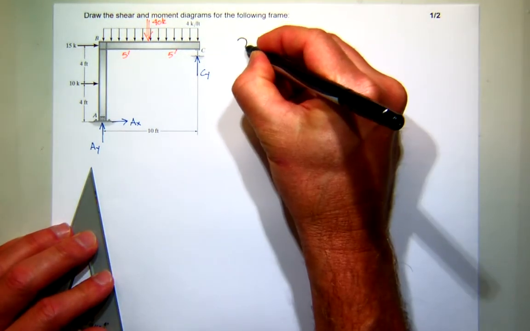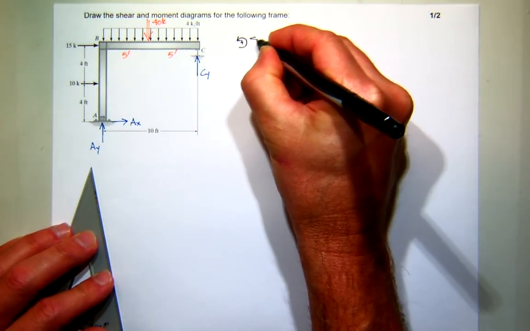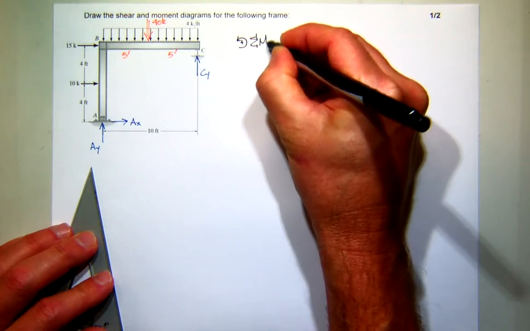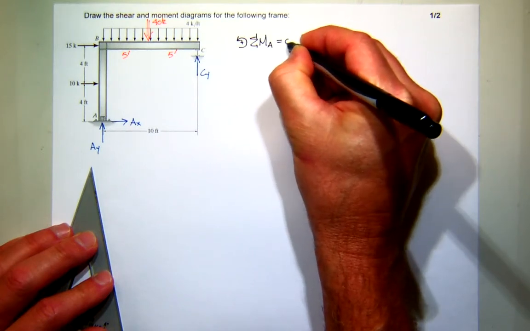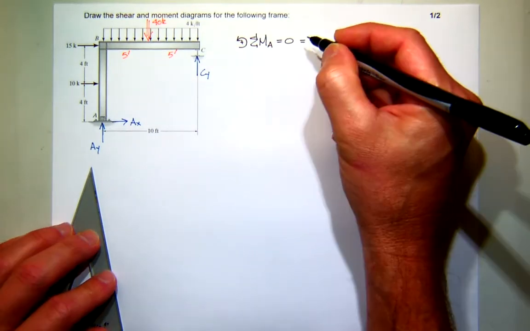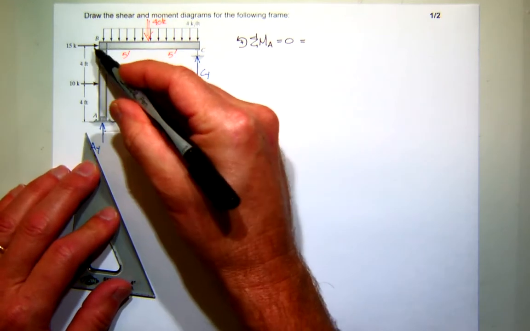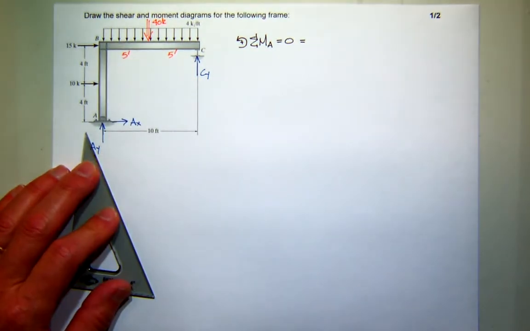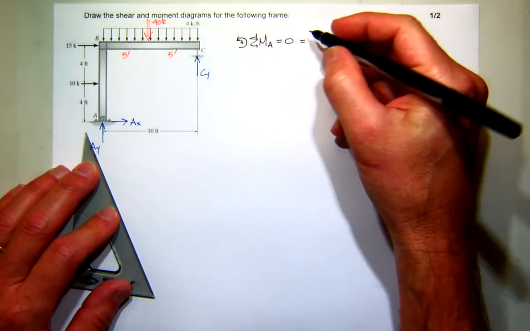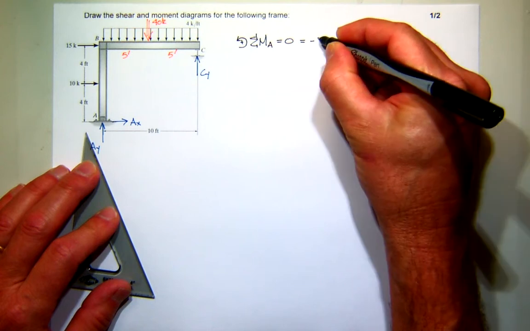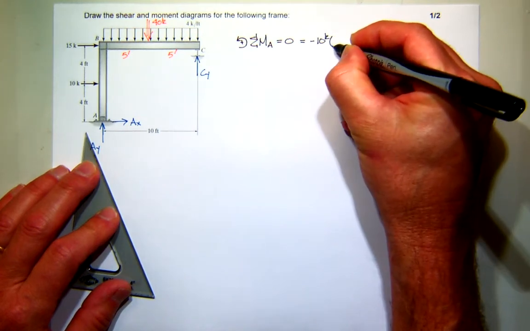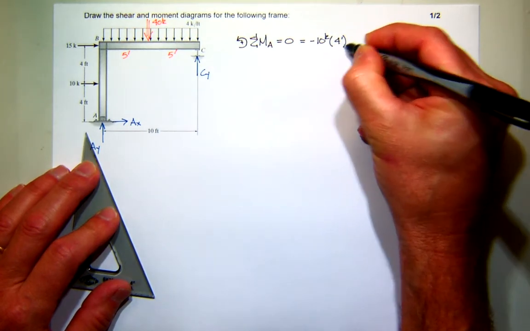So I'll sum moments about A, make sure they're in equilibrium. So about A, these two forces along the side section here, AB, do they create positive or negative moment? Negative. So the first one is 10 kips, and its moment arm is 4 feet.